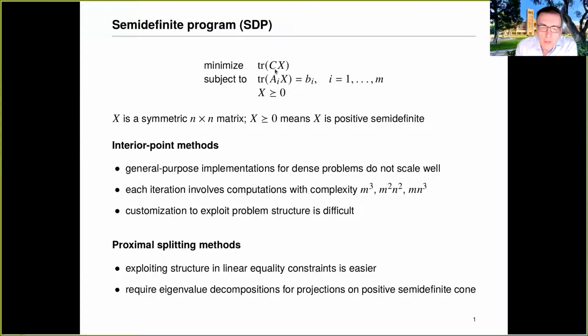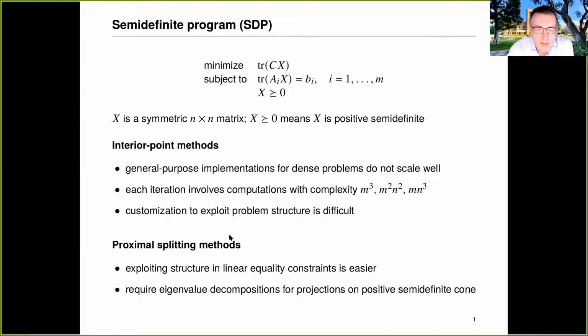So for larger problems, the first immediate alternative that comes to mind are the proximal first-order methods like ADMM or primal dual first-order methods. In methods like ADMM, exploiting the structure in the linear equations would be much easier because you just have to solve, for example, a sparse linear equation that's formed from the matrices A, or in other methods, just apply the linear operator or its adjoint.